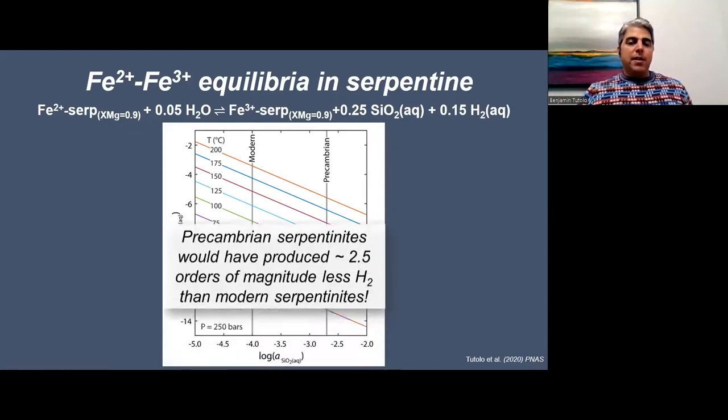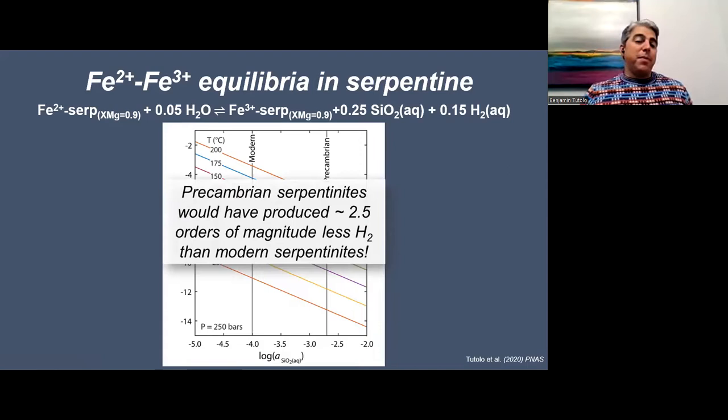The take-home message here is that Precambrian serpentinites would have produced around 2.5 orders of magnitude less hydrogen than modern serpentinites, and that's really quite a profound difference. And this has important implications for the ability of these systems to warm the early Earth, as well as the ability of these systems to originate life.